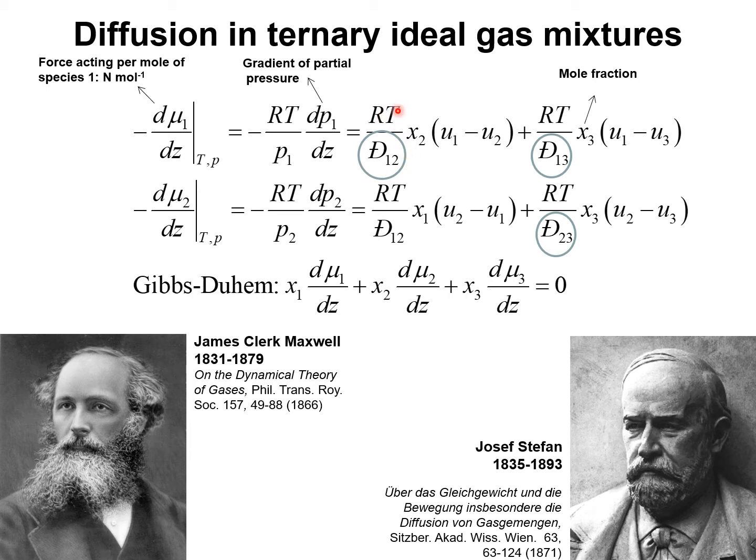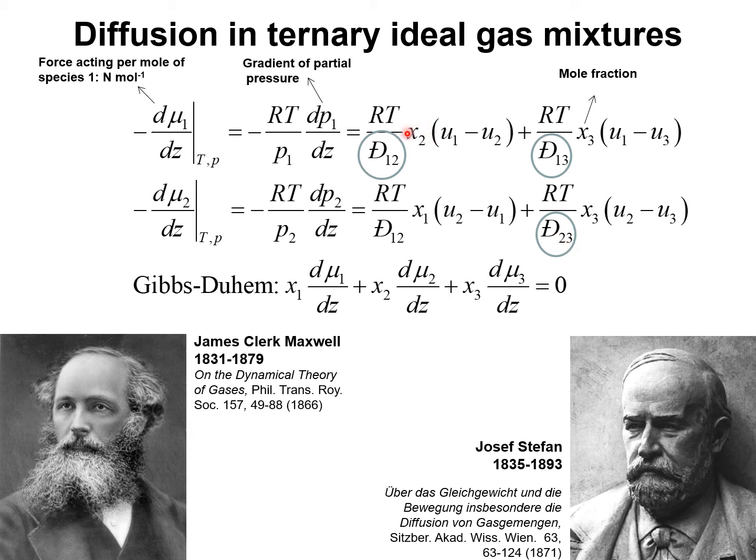Using RT in the numerator ensures that the units of the Maxwell-Stefan diffusivities are square meters per second, as is commonly used to describe diffusion phenomena.